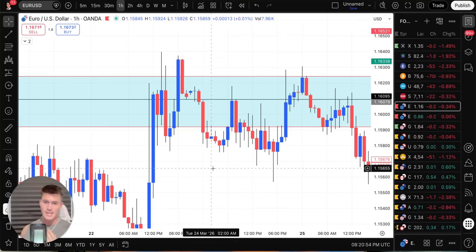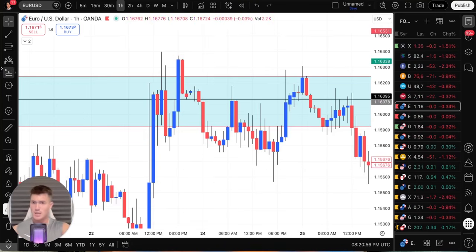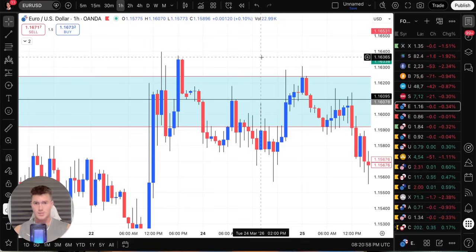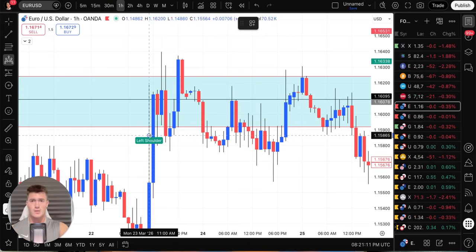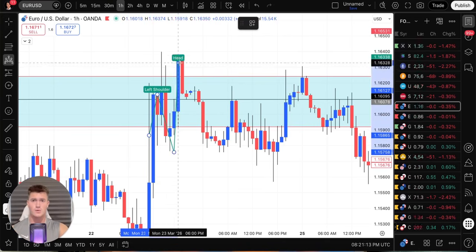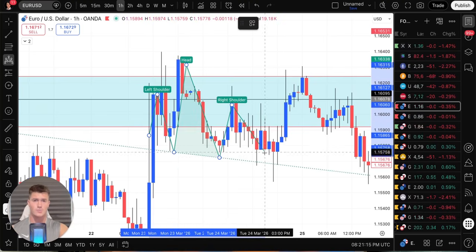So a few common mistakes that a lot of traders will make is fake outs. They'll get in on a wick or think the candle's about to close and go ahead and get in. Always wait for your candle to close. Here's a perfect example of, again, a head and shoulders pattern. Right here, you got your left shoulder, you got your head, got your right shoulder here.